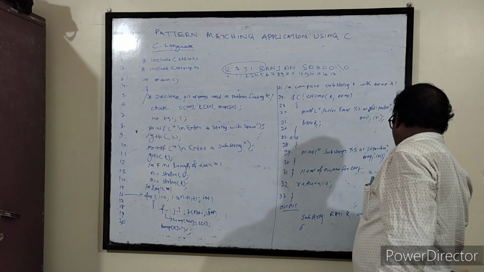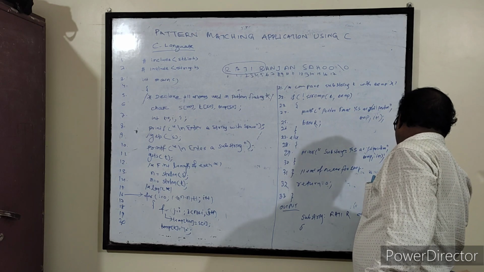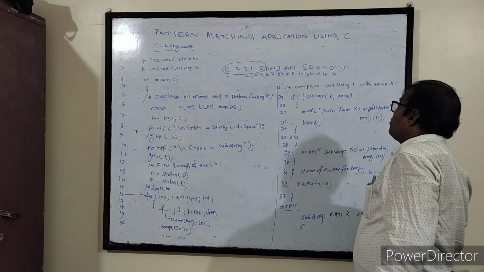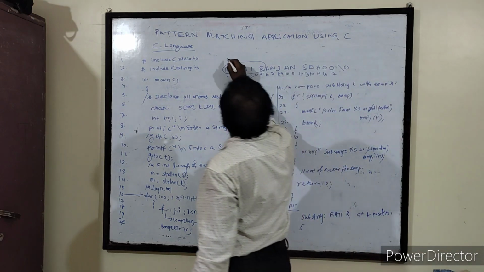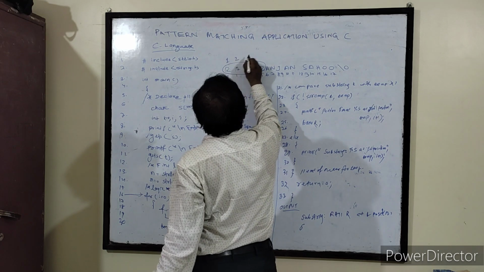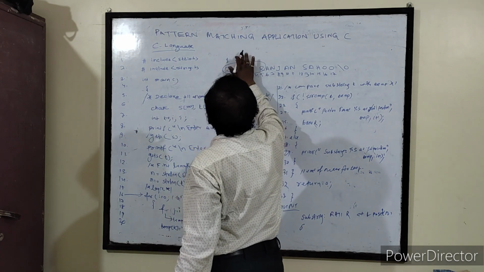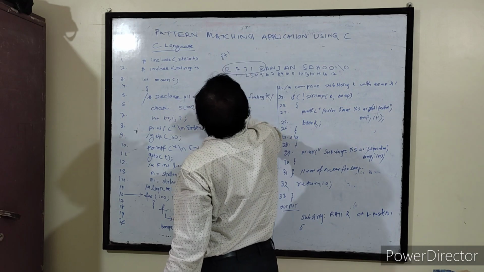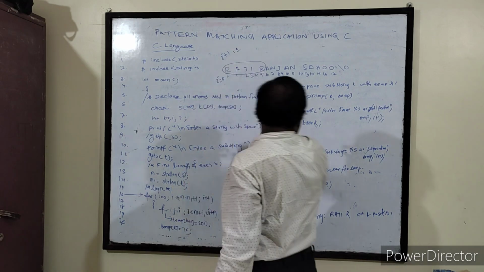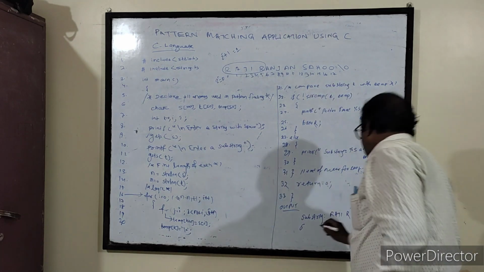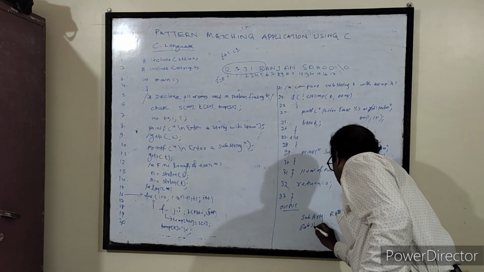Where will we get here? At 1, at 1 position. Because by default we are writing I plus 1, and here I equal to 0, so I plus 1 means it's 1. Right, at 1 position.